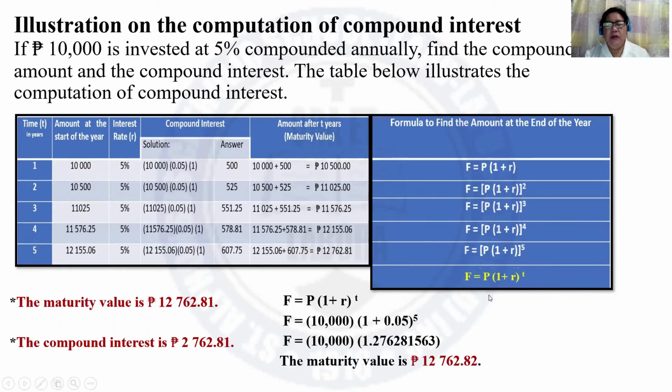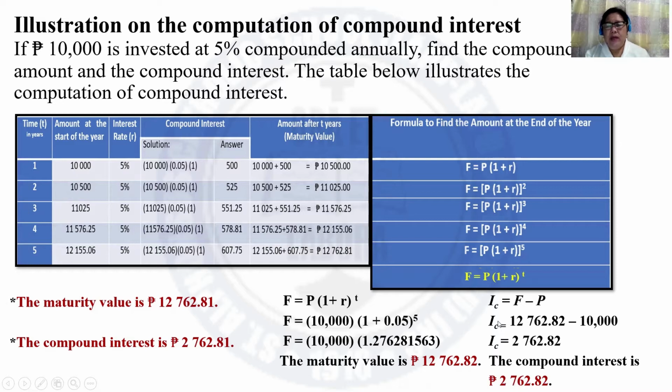Let us use the formula. Substitute 10,000 to P times the quantity 1 plus 0.05 as the rate of interest raised to 5. Then compute. So the maturity value is 12,762.82.